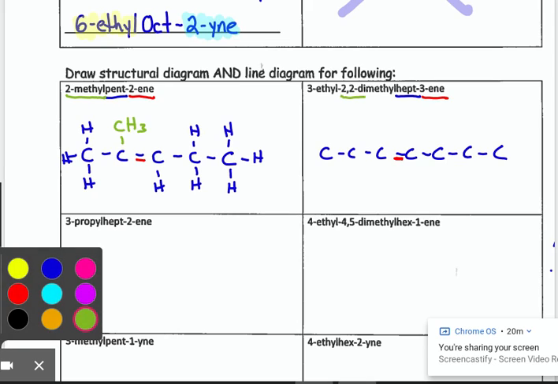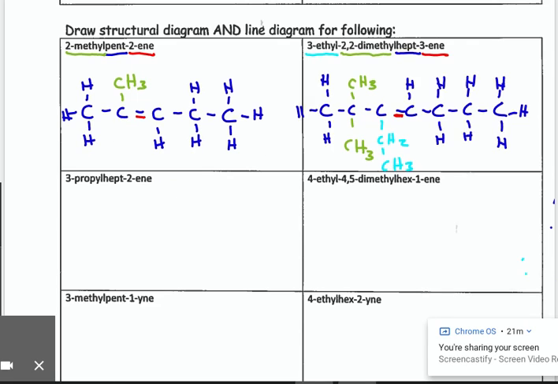So we have 2,2-dimethyl, so 2 methyl groups on carbon 2. And then it looks like an ethyl group on carbon 3. So once you've done that, saturate everybody with hydrogens.